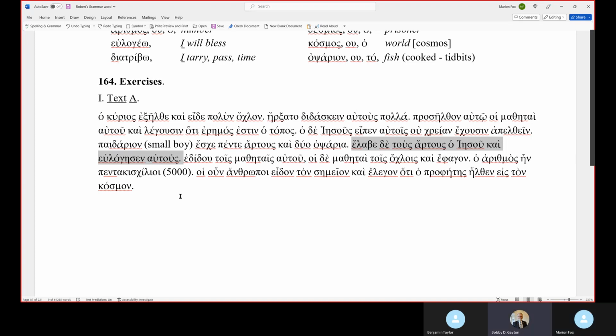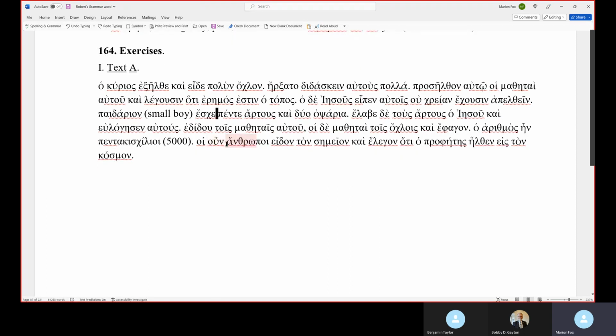All right. Okay. Let me ask you something about that. Is that supposed to have a movable nu? No, it could have. Here's the problem. Sometimes we have a pi next following it, so it wouldn't need one there.